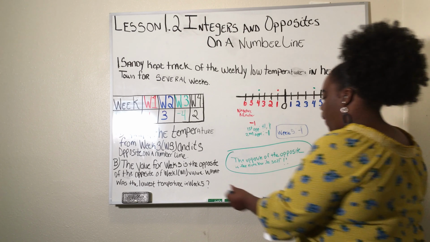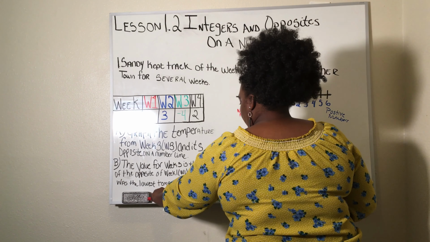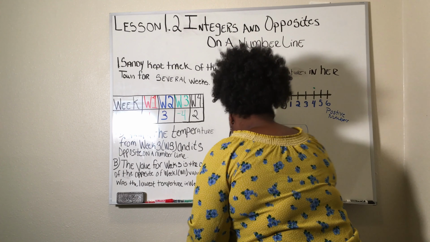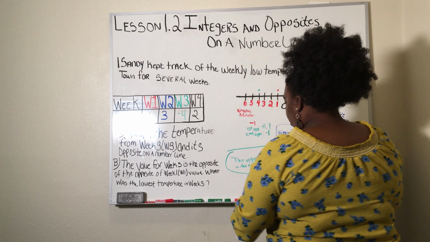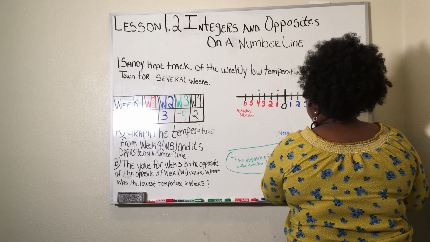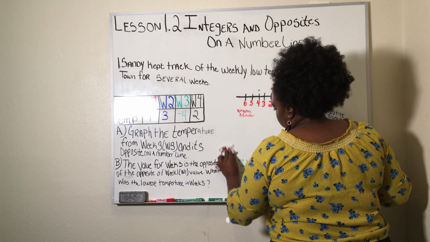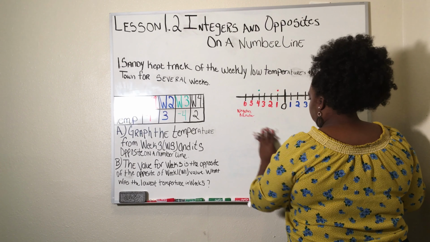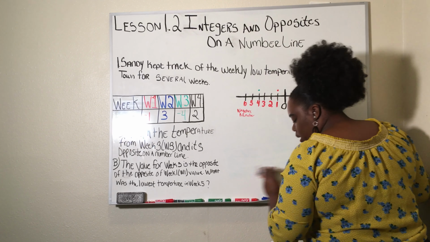Now that we have answered our questions here, I'm going to do a quick reflection. Our reflection today is basically the whole meaning of this lesson, and it's something that we needed to know.